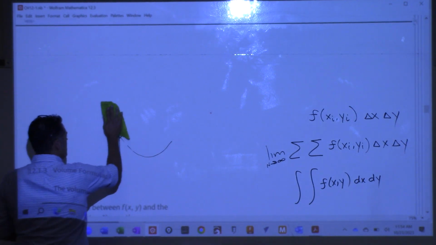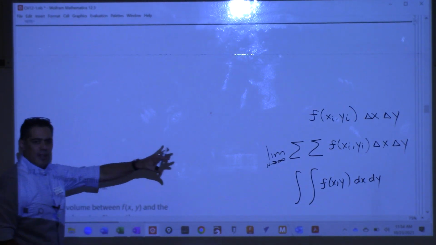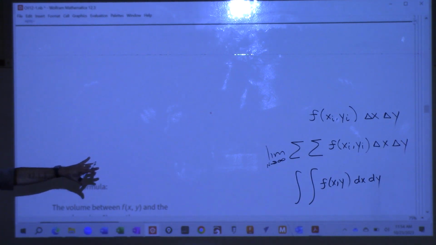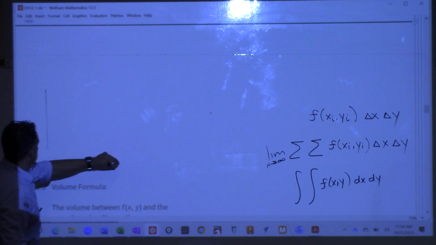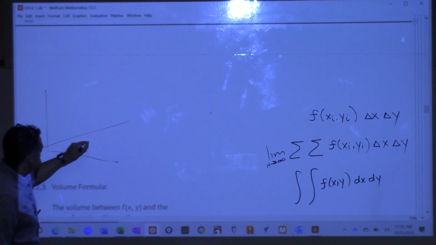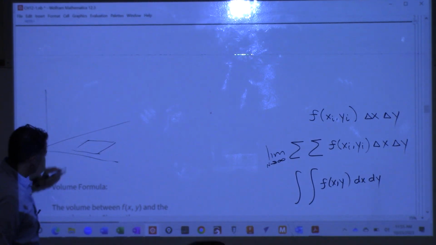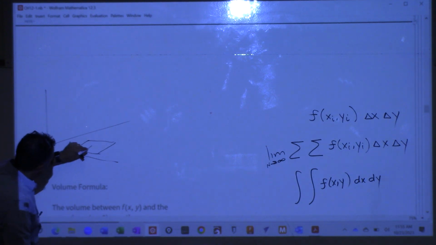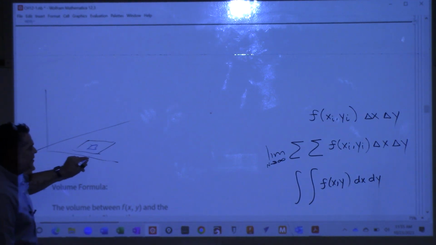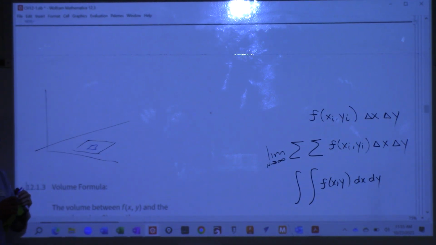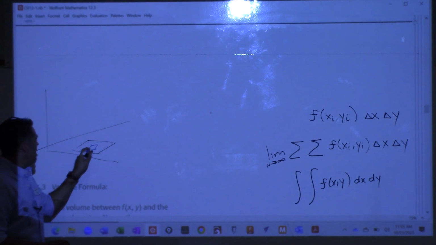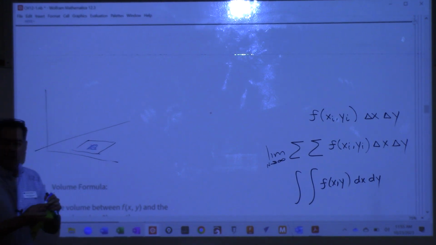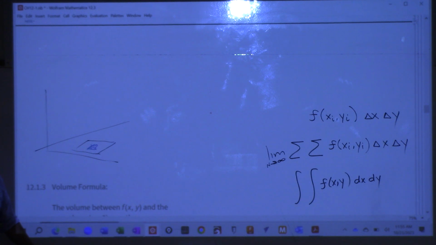All right, so do y'all feel like y'all understand where this is coming from visually? On the ground was that rectangle, right? And then we had that little patch here, that little patch that was delta x, delta y. Do you all agree that that little patch has an area to it, not a volume, right?